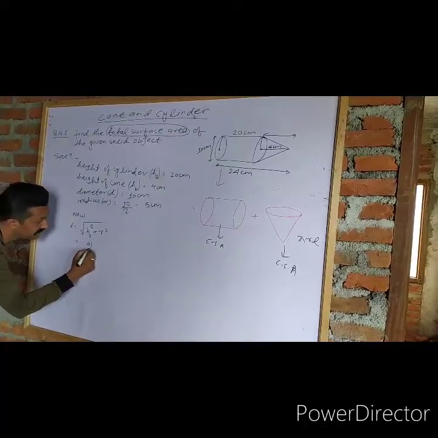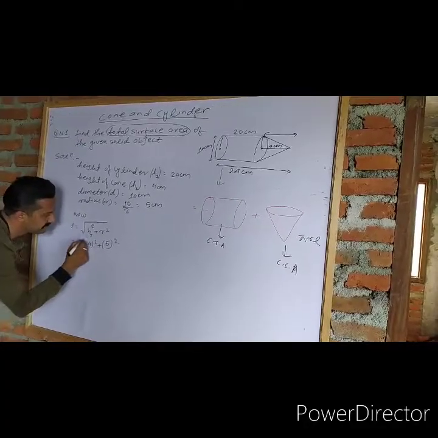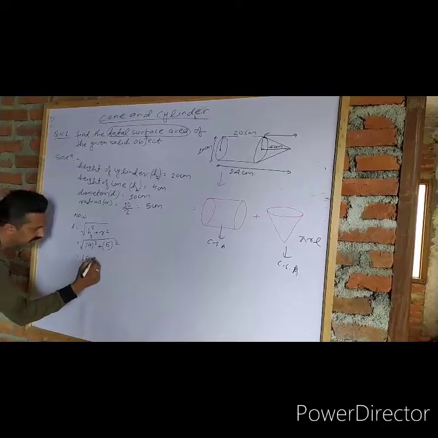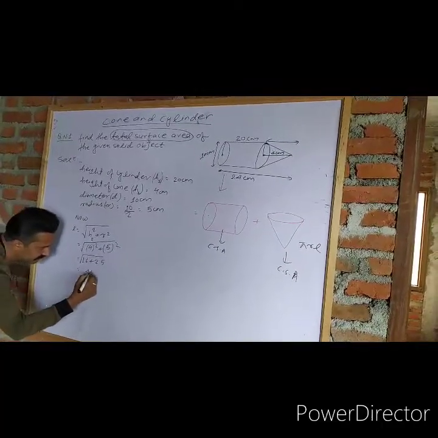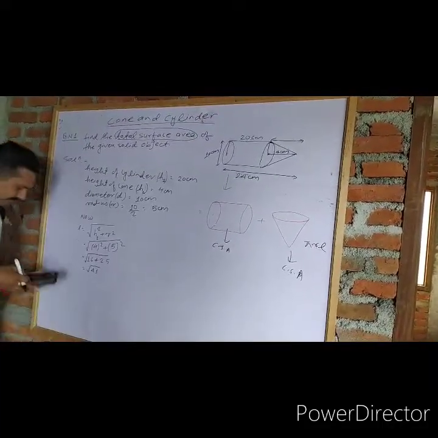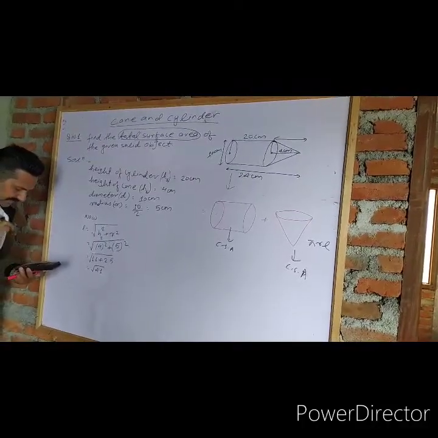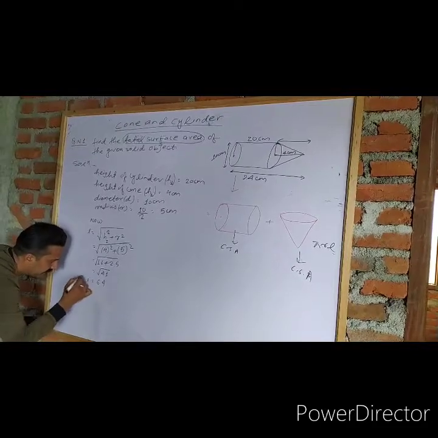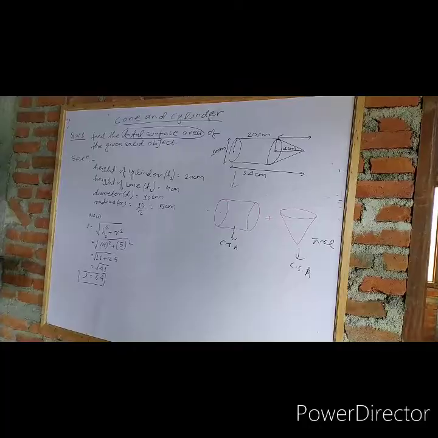Value 4 centimeter square, radius 5 centimeter square. 16 plus 25, add these two, we will get 41. By using calculator, find the value of root 41. We got here 6.4, that is the slant height of cone.